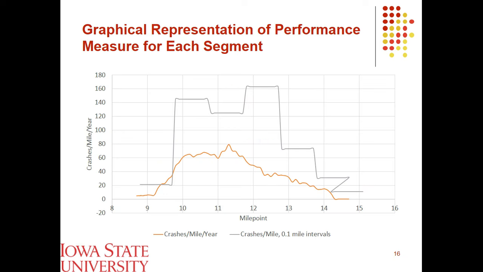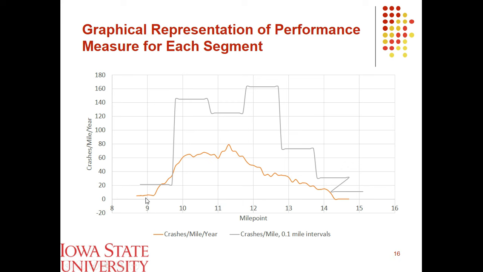Again, this is the figure that I had made. In the gray, we see the length of the road segment rated by the performance measure correlating to its most hazardous tenth of a mile, which is how we would perform the peak searching method.